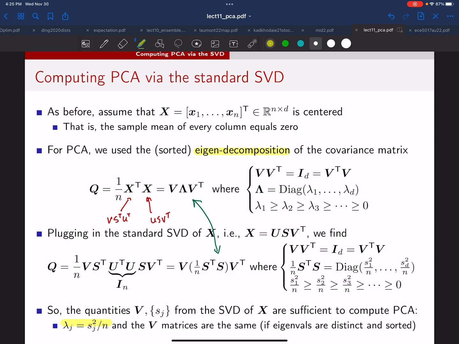A possible advantage of working with the SVD rather than this Q matrix is that when X is really big, even computing the Q matrix can take a lot of time. With the SVD, you never actually compute the Q matrix. You work directly with the X matrix.